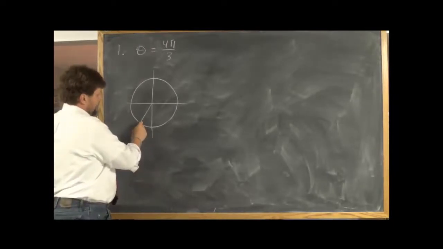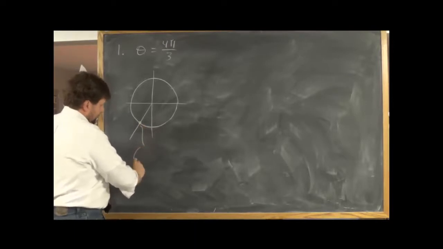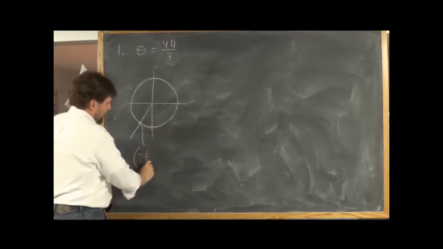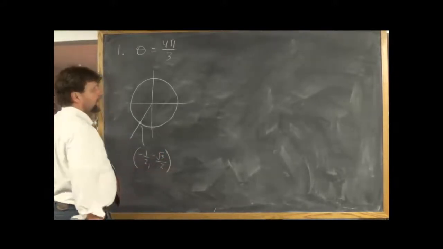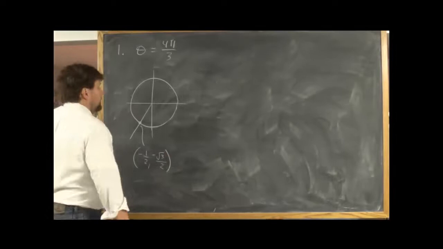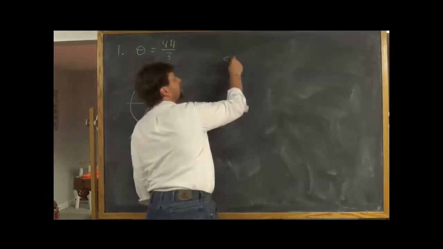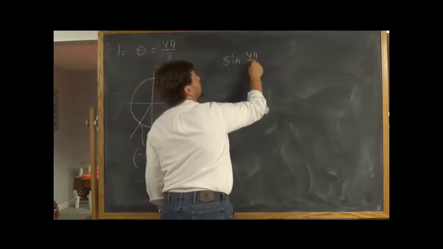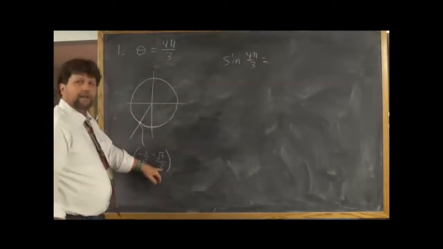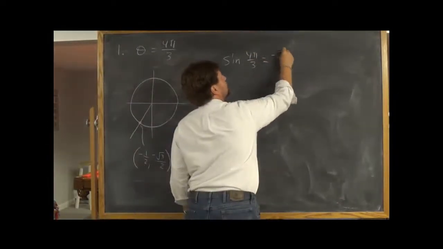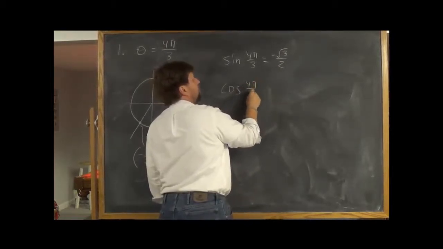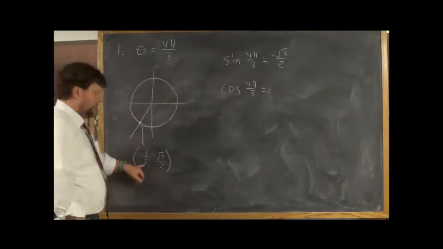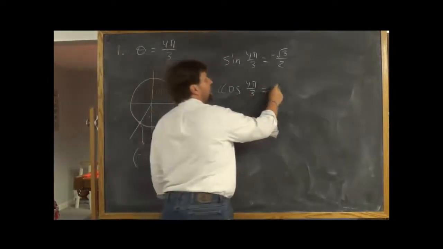And the coordinates of that point, you should know, are negative 1/2, negative square root 3 over 2, which then tells you that the sine of 4 pi over 3, it's the y coordinate, so that's negative square root 3 over 2. And the cosine of 4 pi over 3, it's the x coordinate, so that's negative 1/2.